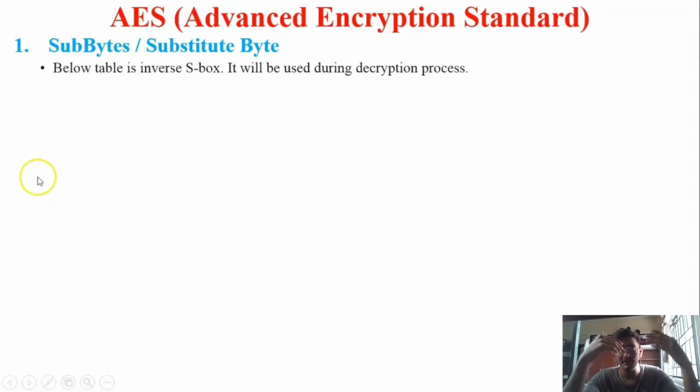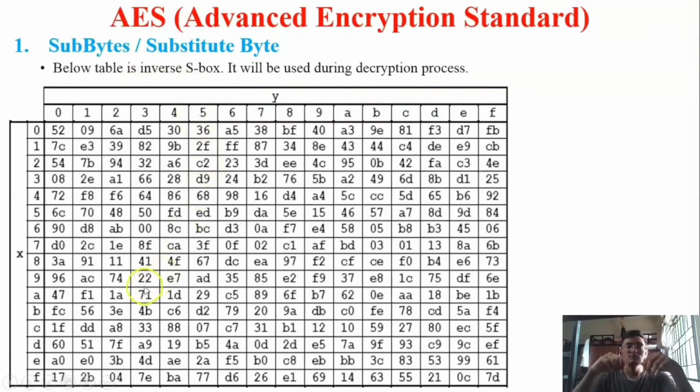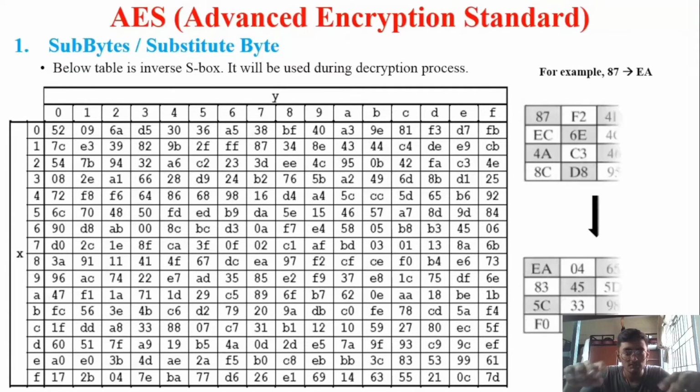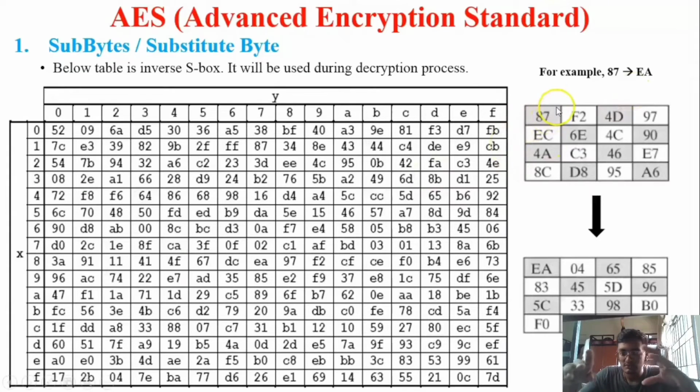Now for substitution bytes, below the S box table is the inverse S box. The previous table is the S box, and the inverse S box is used during the decryption process. How it works, you can see here. This is one example. We converted EA into 87 in the previous example. In this example we convert 87 into EA.